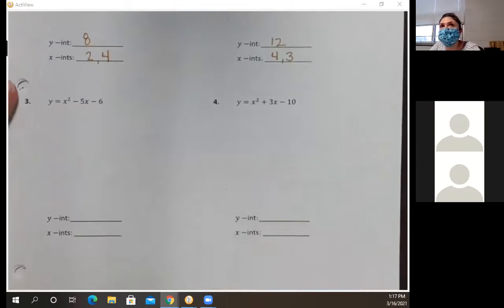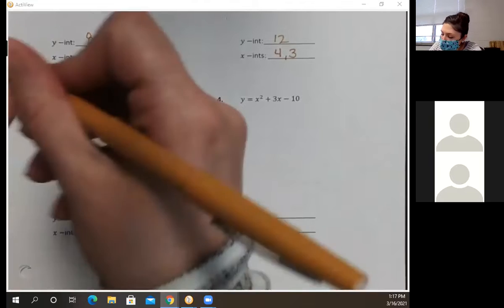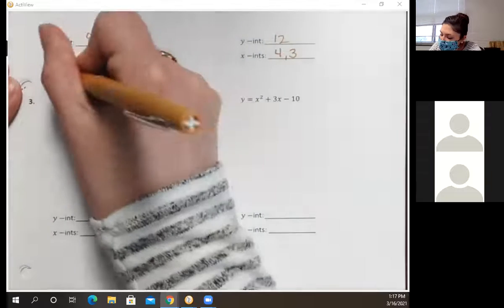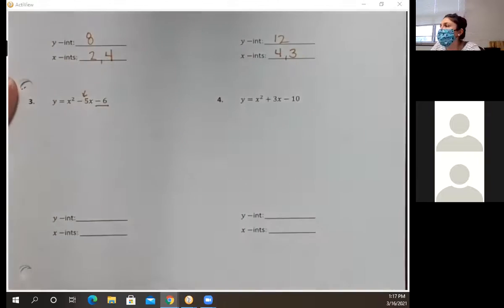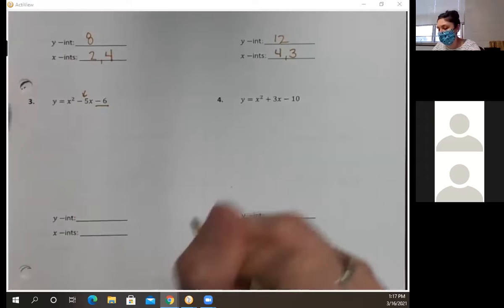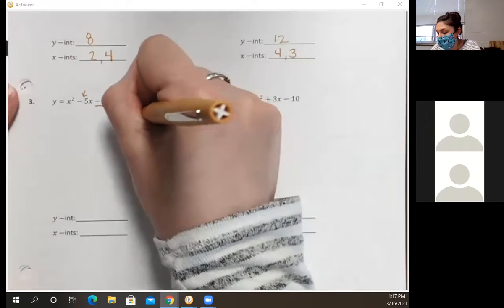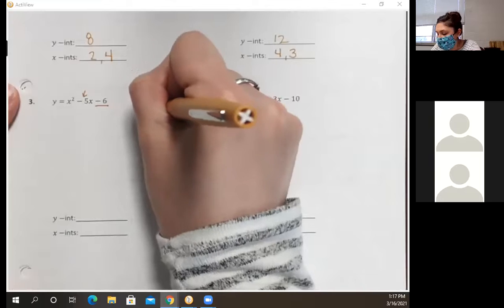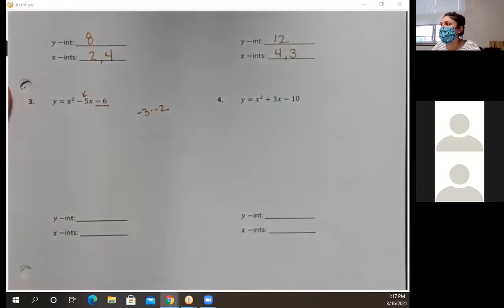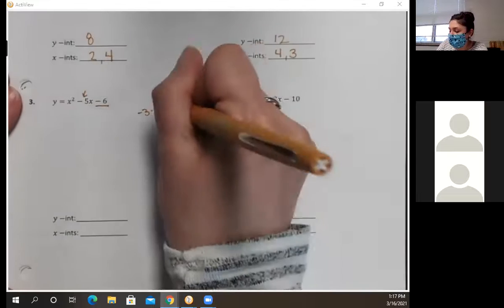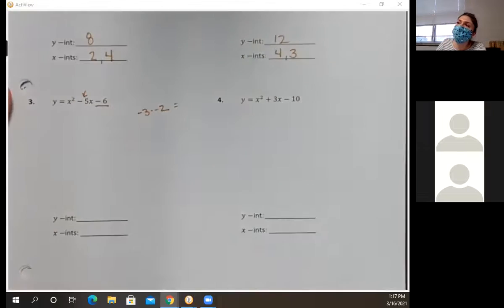Okay, for 3 and 4, same idea. For number 3, I want factors of negative 6 that add to negative 5. Negative 3 times negative 2 is a great guess. What's the problem with negative 3 times negative 2?